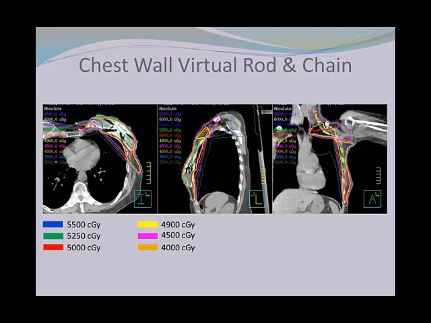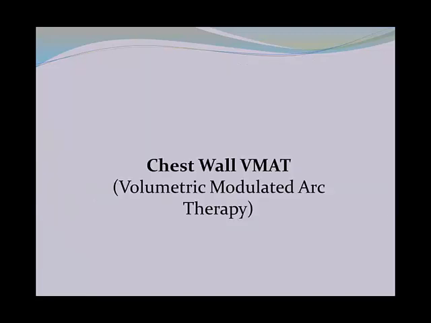So with the IGRT couch, you can do almost 360 arc rotations for VMAT cases. For example, with a clockwise arc, you can do from 185 to 175 degrees, and then for the counterclockwise rotation, you can go from 175 to 185.